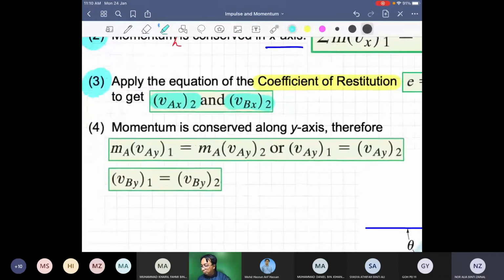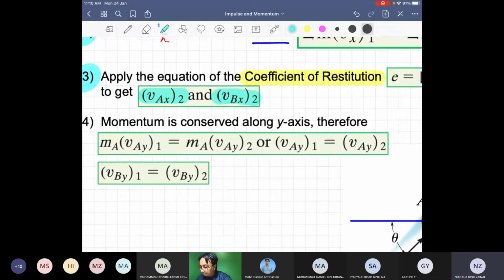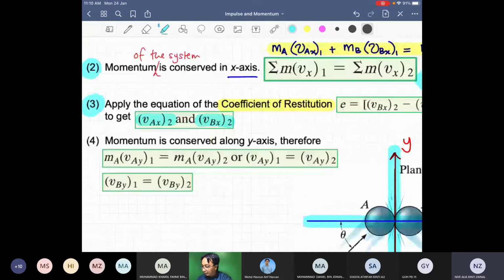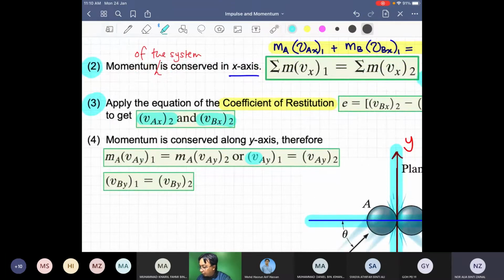Yang ini step extra. Step number 4 ni dia kata, bila kita define axis kita macam ni, bila kita define y-axis in the plane of contact dan x-axis kita dalam line of impact, what is happening is that VAY1 sama dengan VAY2 and VBY1 sama dengan VBY2. So it's easy.